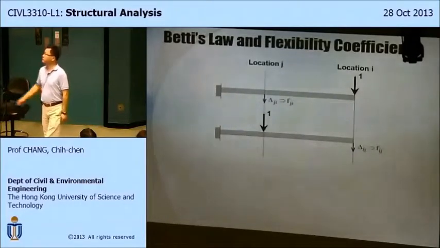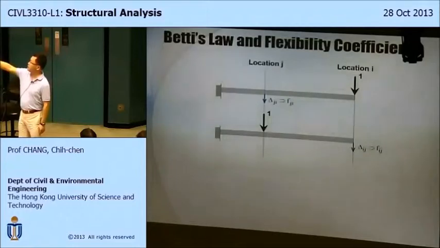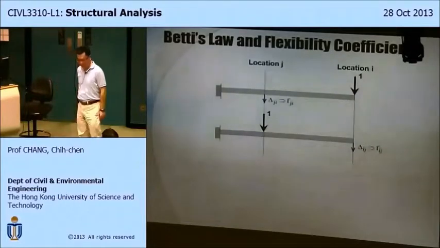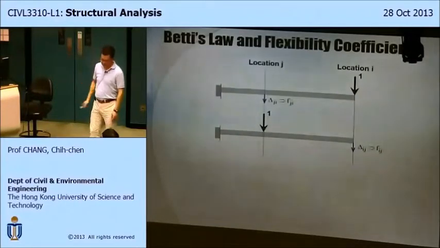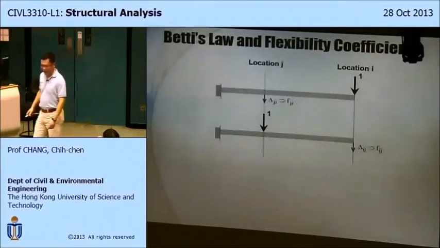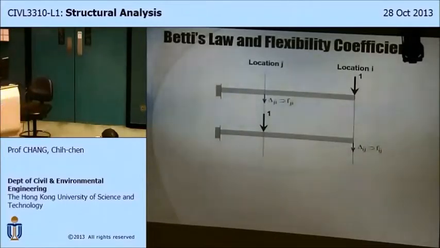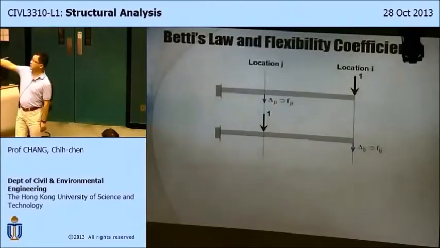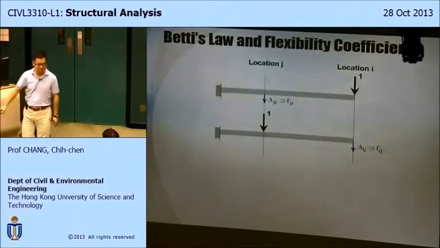All right. So if I change the locations of force and the deformations like that, then I will have another flexibility coefficient. So mathematically, it tells you this fact that the flexibility coefficients are symmetrical. Symmetrical. So delta ji is equal to delta ij.